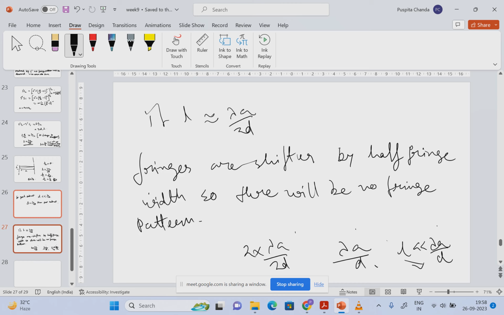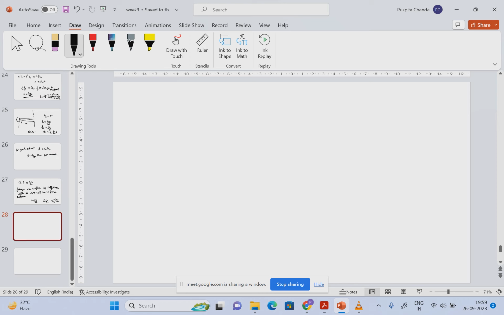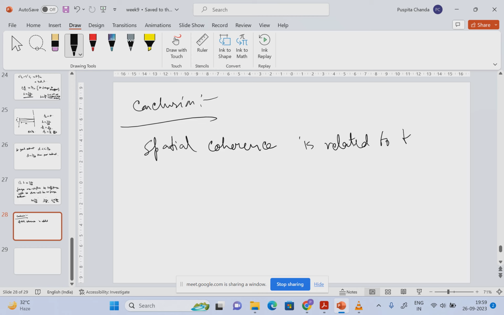Now, from this experiment we also say that spatial coherence is related to the size of the source.